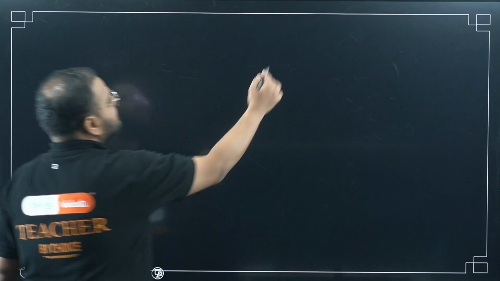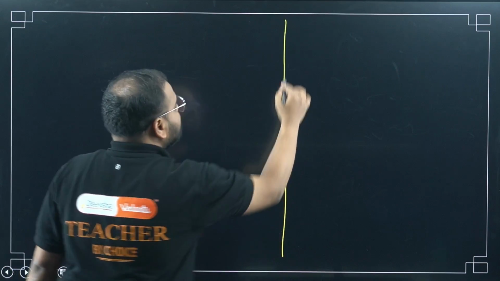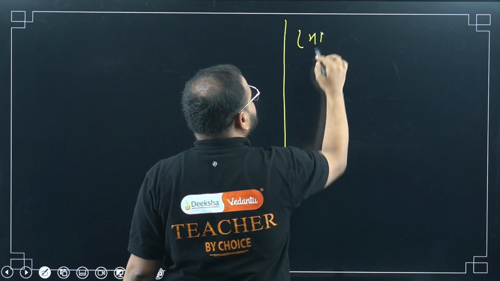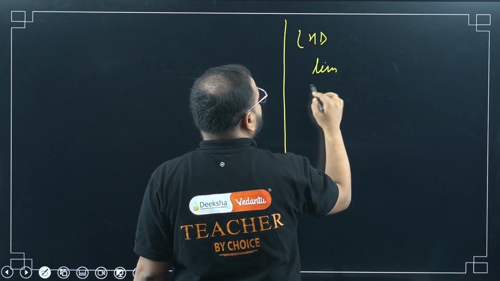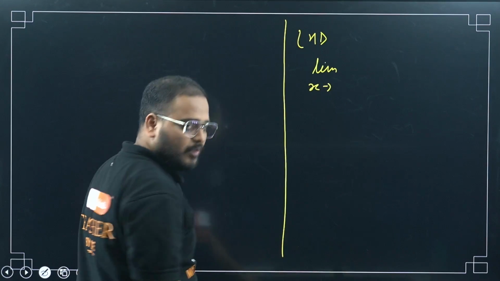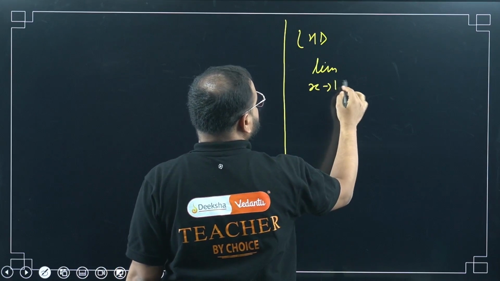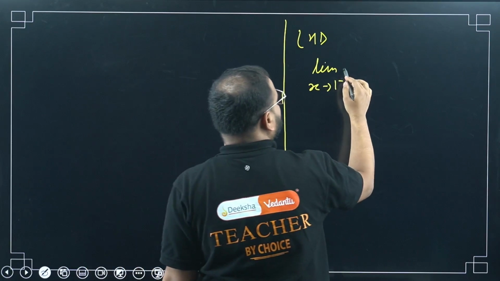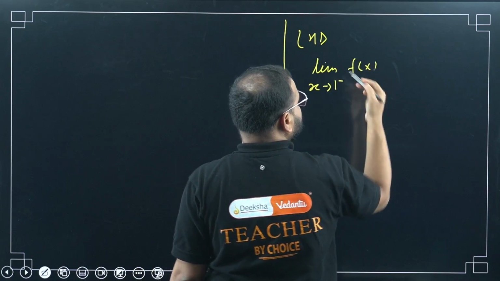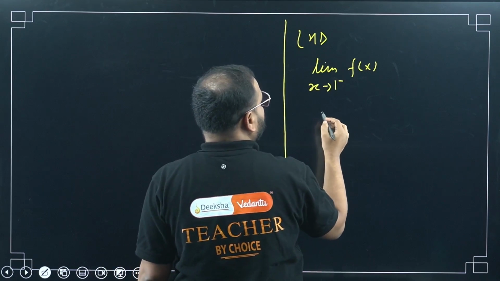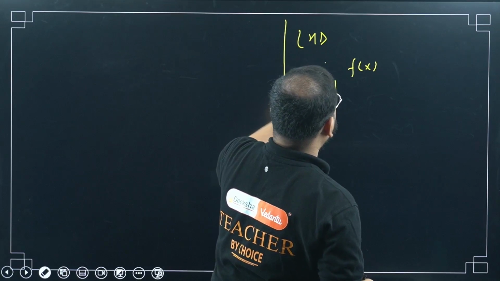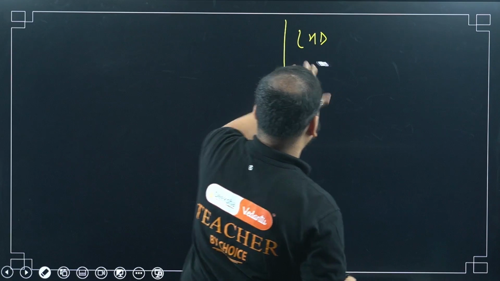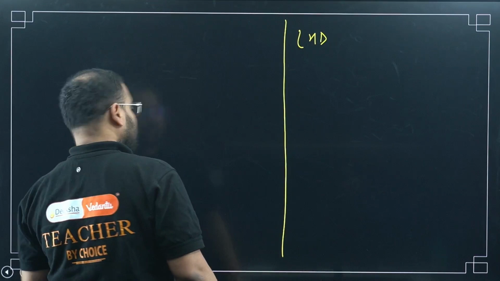Let's define LHD and RHD. Let's do LHD first. So what is LHD? Please check. LHD is defined as limit x tends to 1 minus. Not the limit, I wrote for LHL. I have to write for LHD, the left hand derivative. Please remember left hand derivative.